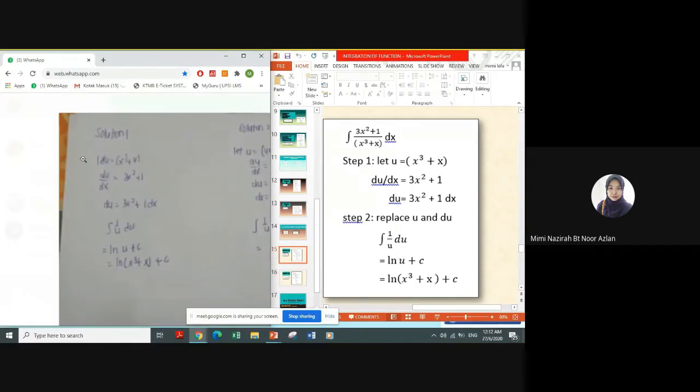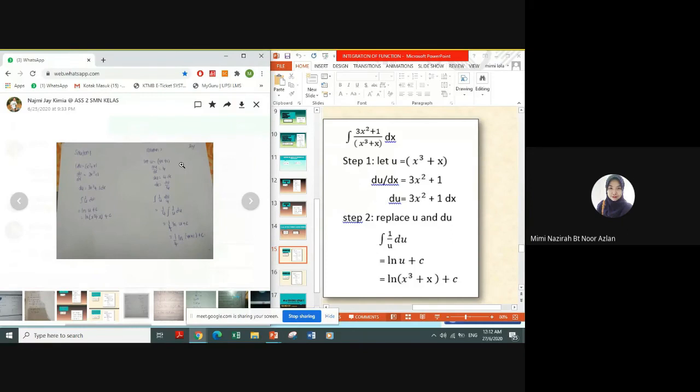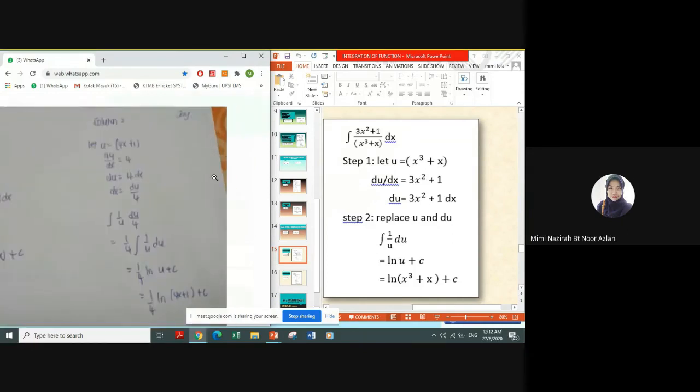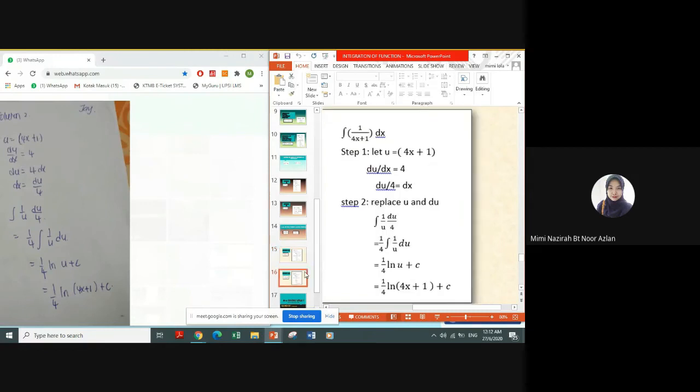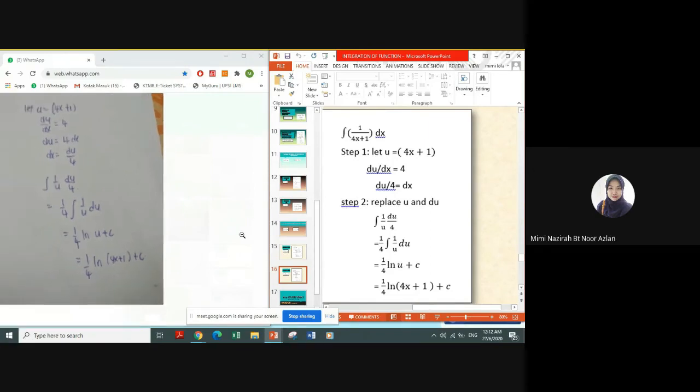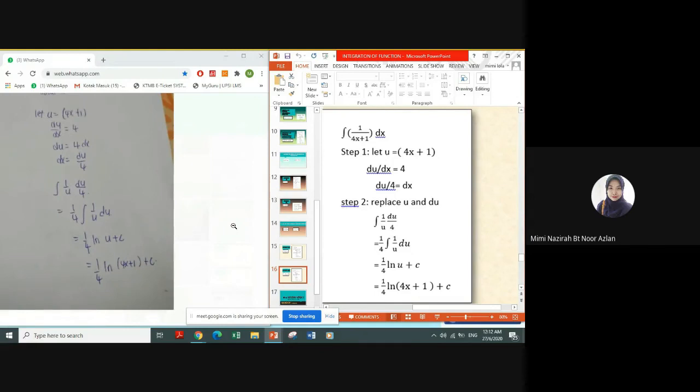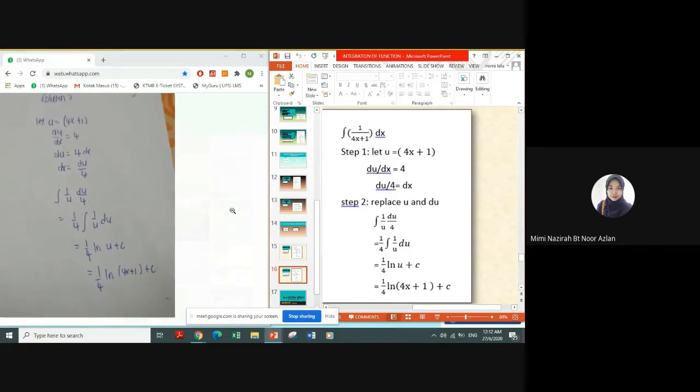Let's check the next question, number 2. Number 2 is the integral of 1 over 4x plus 1 dx.